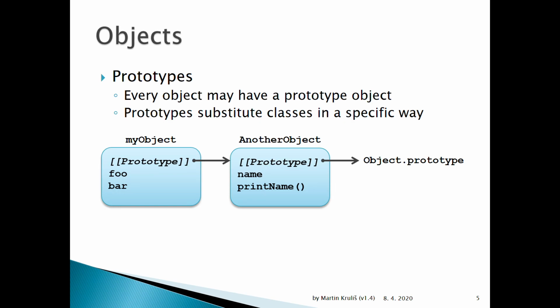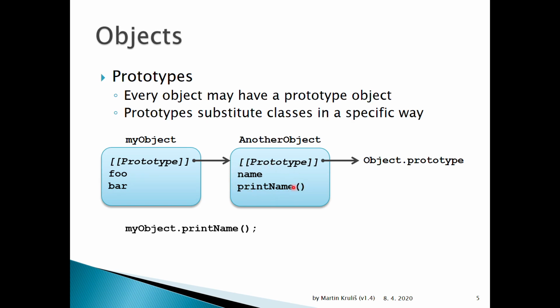Prototypes simulate classes in a very specific way, which might be better explained on an example. So let's say that I access a printName property for reading, which is a part of my object. It's a variable that holds this particular object. So in this case, the printName property is searched in this object. Obviously there is no printName property, so what happens is that the prototype chain is followed over here and printName is looked up here.